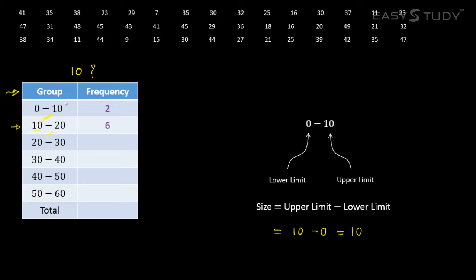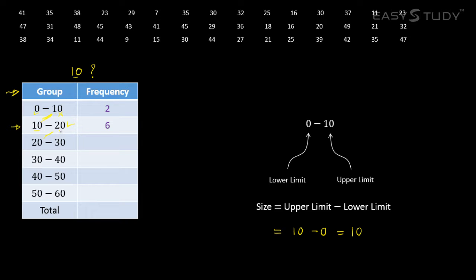He will be in this group. Data with the value of the upper limit will not be a part of that group. Basically, data with lower limits are included and upper limits are excluded. Hence, if someone scores exactly 10 marks, he will be in this group.